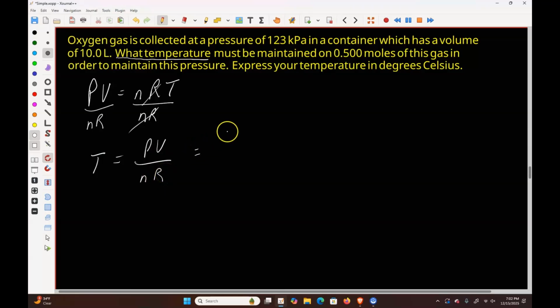So the temperature is equal to a pressure of 123 kPa times a volume of 10, over I have 0.5 moles. And I'm going to be using 8.314 because my pressure is in kPa.